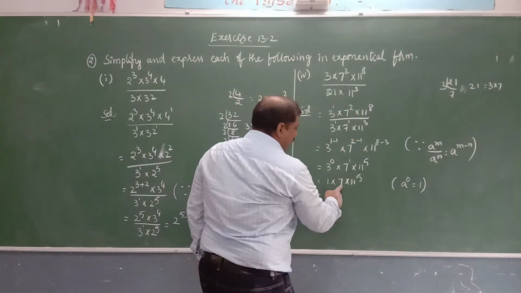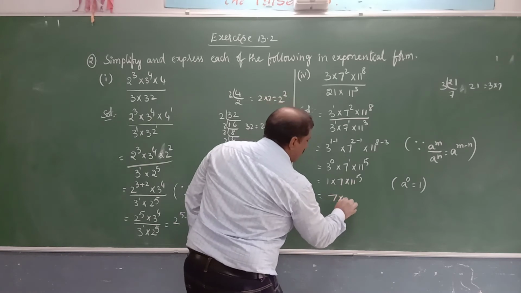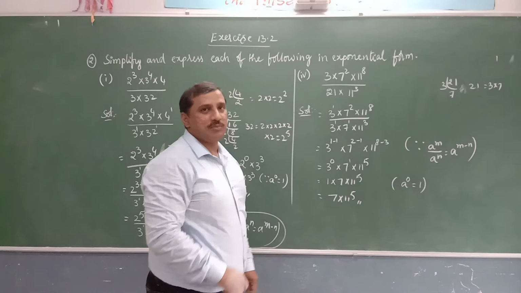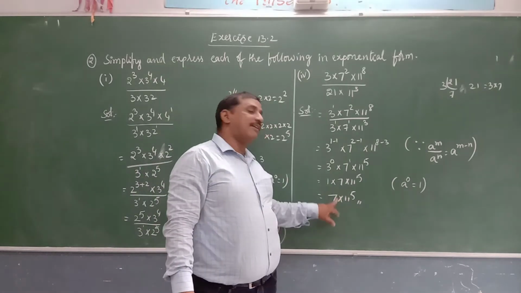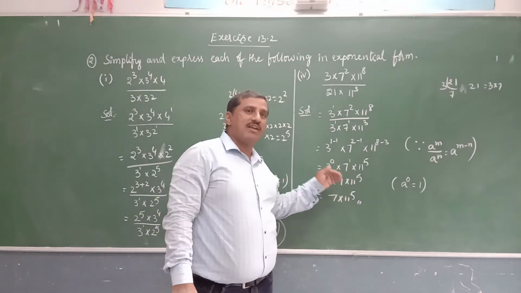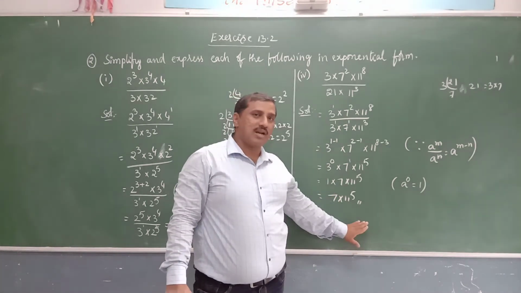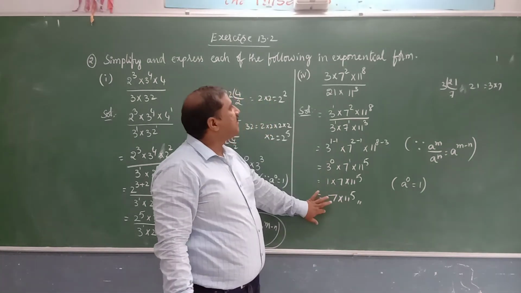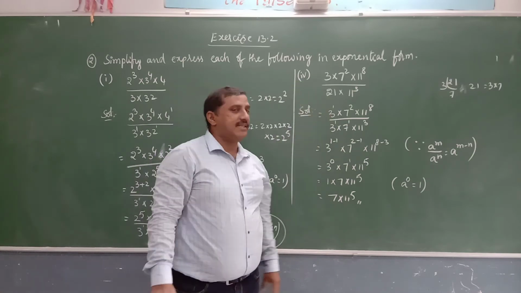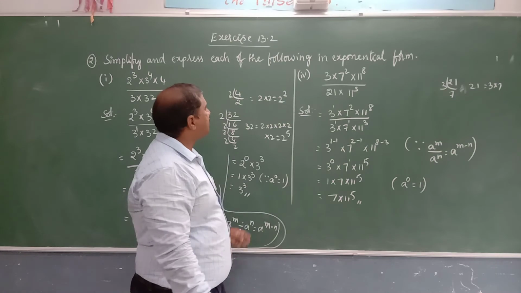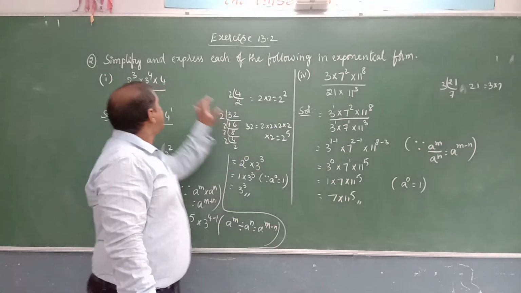Multiply 1 into 7 is 7. 7 means 7 to the power of 1, and power 1 we do not write. So what we get is 7 into 11 to the power of 5. This is the simplified answer for the fourth bit. Is it clear, children? Yes? Right. We will see some more sums from the same second bit.